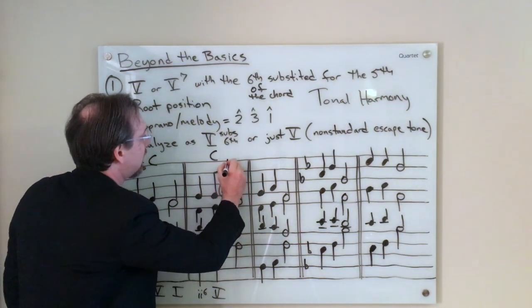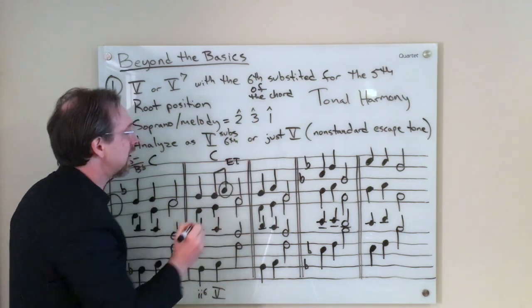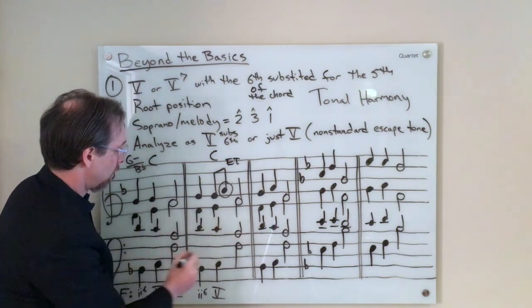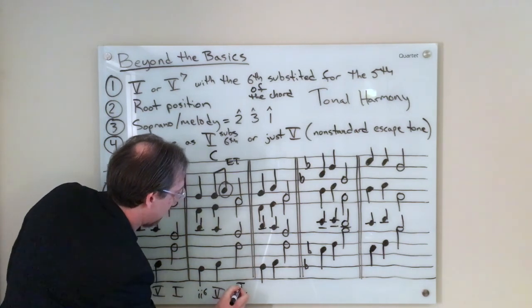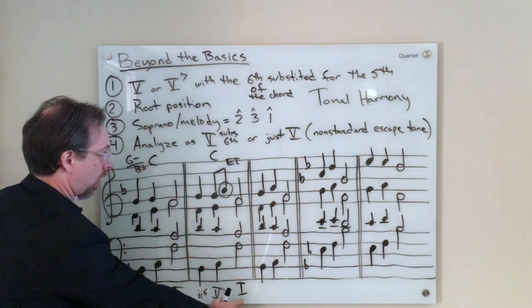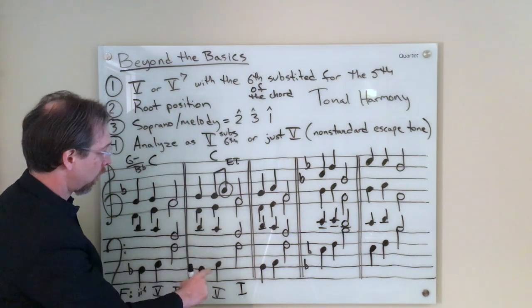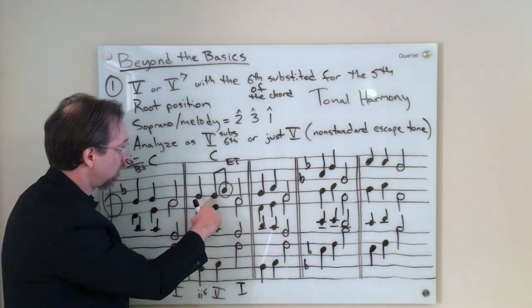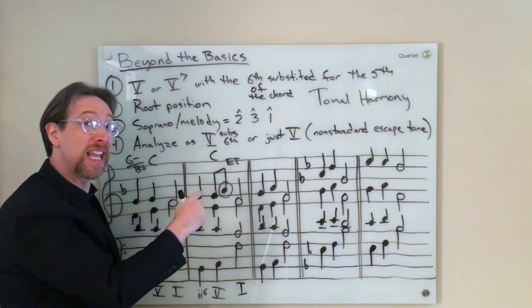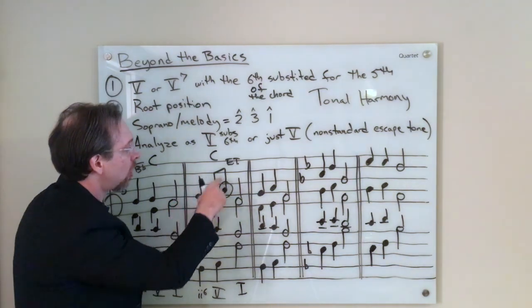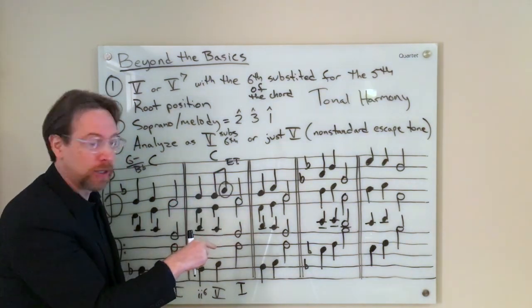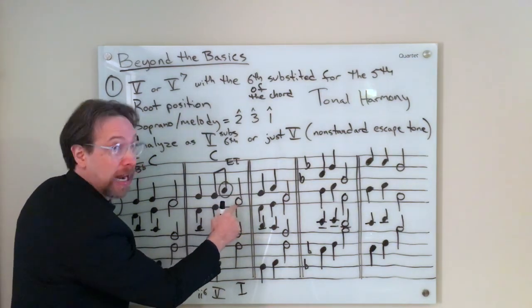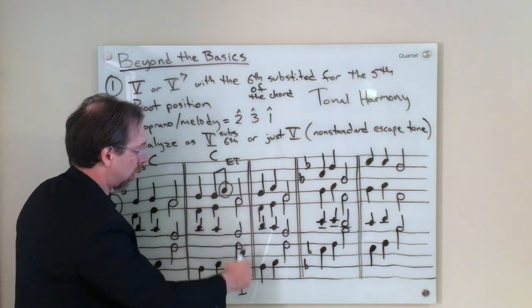That is an escape tone, ET for short. And then we end with the exact same 1 chord as in our previous example. So here we see that the 5th of the 5 chord steps up into the 6th, and then resolves down by leap to the tonic, the root of our 1 chord.